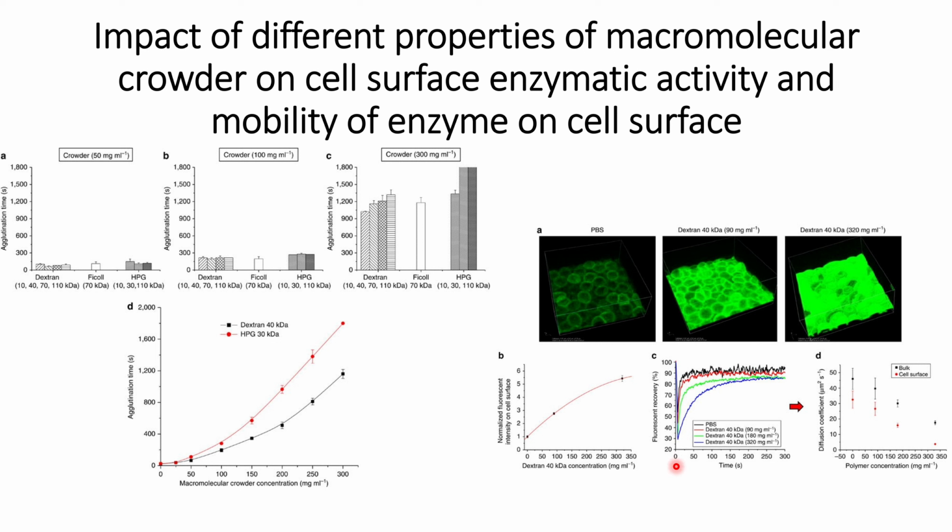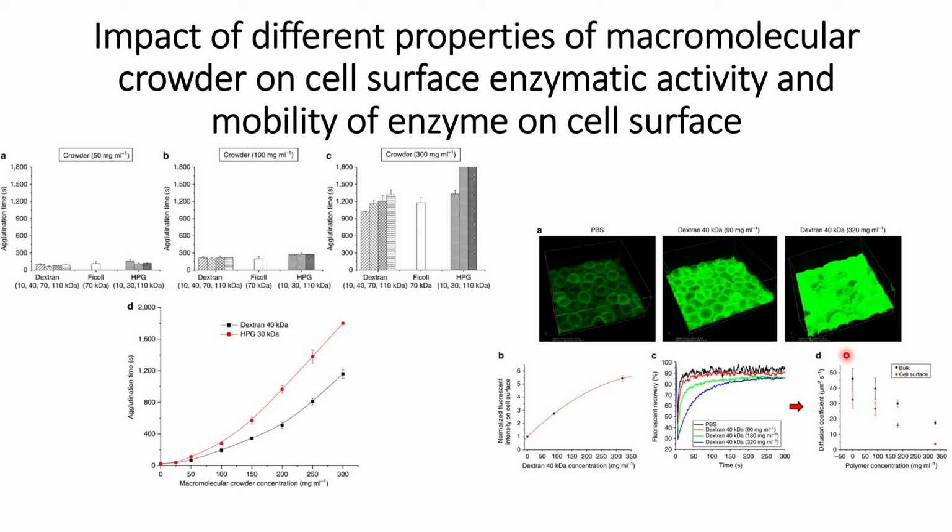So this indicates that the maximum diffusion occurs in the PBS, and diffusion is lowered several fold in the case of the macromolecular compound, 40 kilodaltons at 320 milligram per ml.